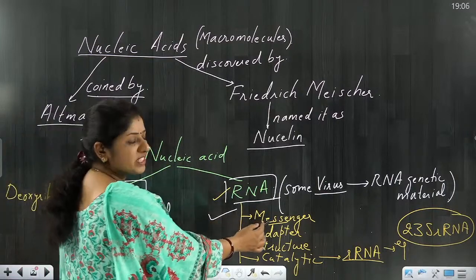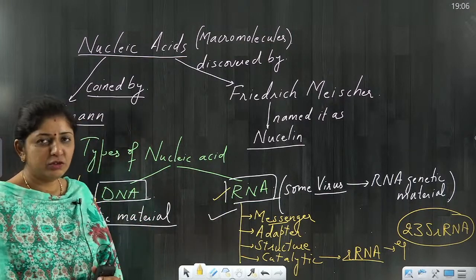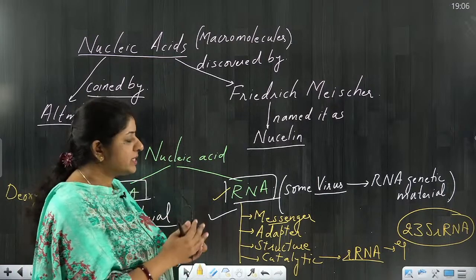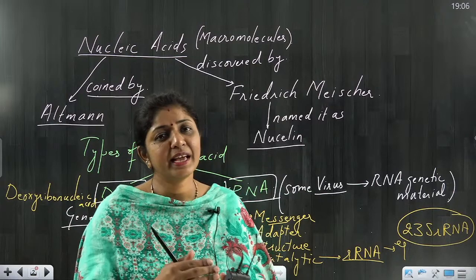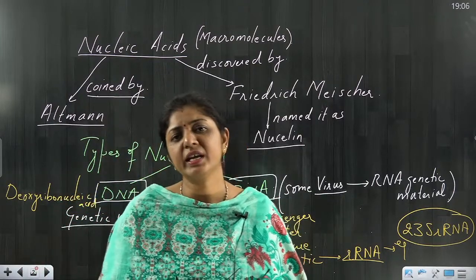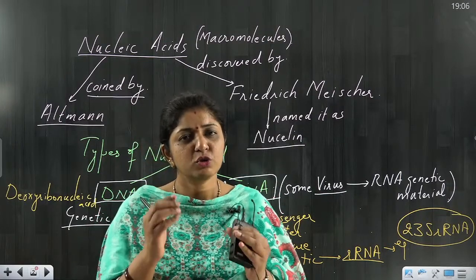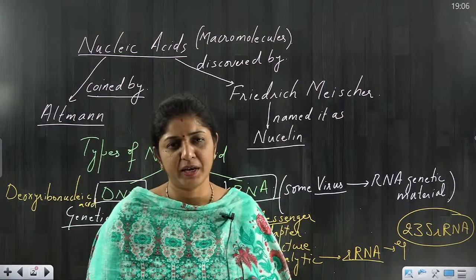It can act as a messenger, as an adapter, as a structure former, and it can even play a catalytic role. But viruses which have RNA as genetic material cannot have DNA. Or if viruses have DNA as genetic material, they cannot have RNA. So this basic thing must be in your mind for the introduction of this topic.